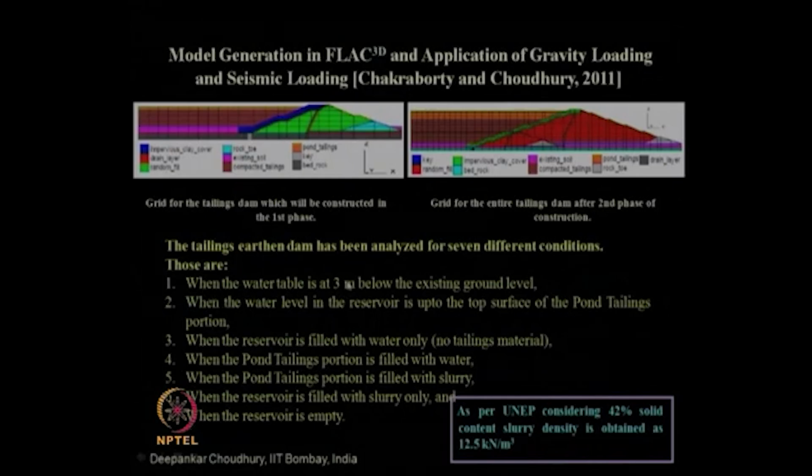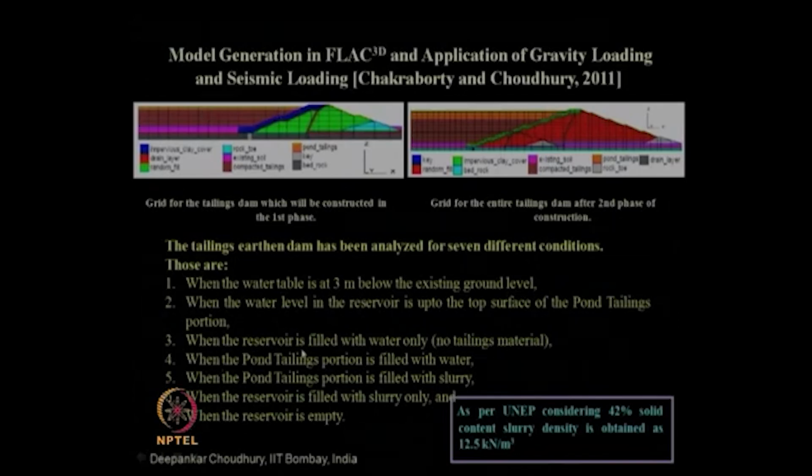Like when the water table is 3 meter below the existing ground level, that is, this is your existing ground level, and below that 3 meter is your water table. This is fully dry. Another is when the water table in the reservoir is up to the top surface of the tailing pond portion. So, this tailing pond portion up to the top is your reservoir water.